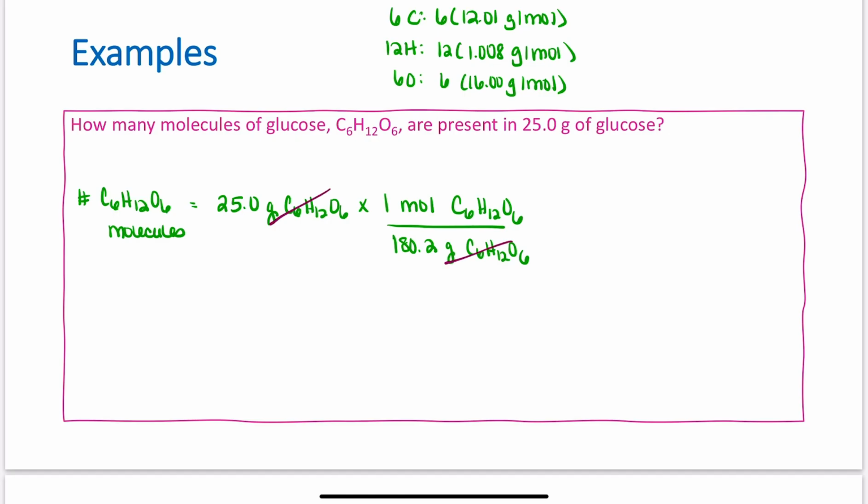So again, this cancels out my grams. Now I've got moles. Now that I've got moles, I can use Avogadro's number. 6.022 times 10 to the 23rd C6H12O6 molecules for every 1 mole of C6H12O6 molecules.